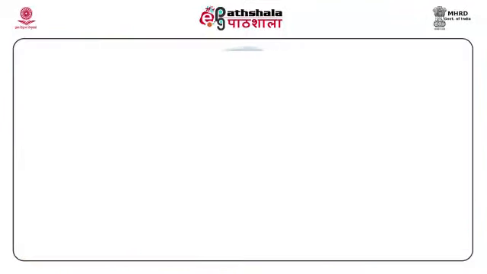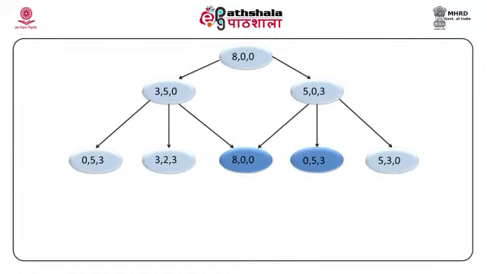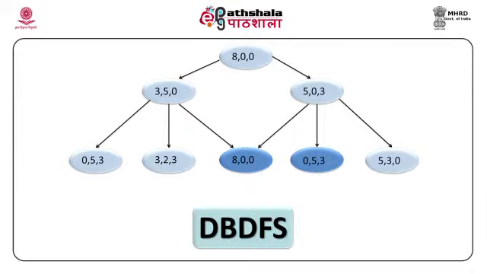We begin with 800, we explore the leftmost 350 and left to it 053. Now, we assume that there is an end, we will not go further. So, we will take the right child of 350 and we get 1, again we reach the final level. So, we will not move further, we will take the right child of it, it is 800, it is repeated. Now, we take the right child of 8.